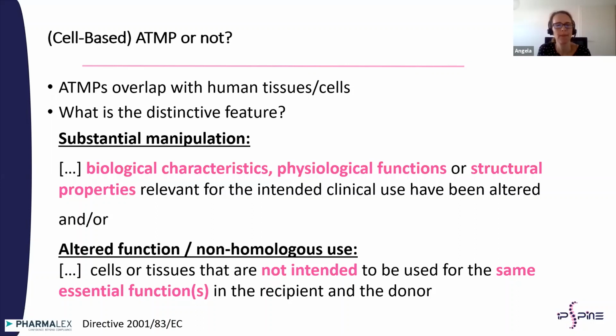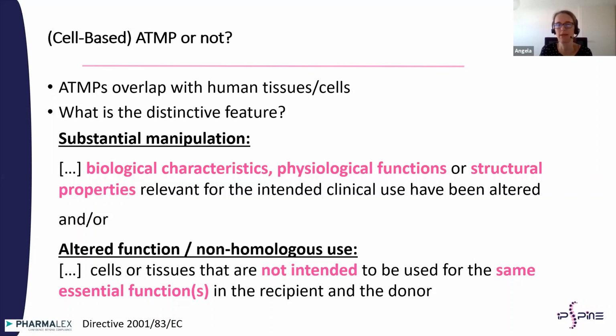So maybe one example of a non-ATMP: sometimes people experience bone loss, for example, in the jaw after some dental inflammatory condition, and very frequently a little piece of bone is taken from the thigh or some other place and inserted into the jaw. In this case, you had a bone before, it's a bone afterwards. It was not really manipulated.